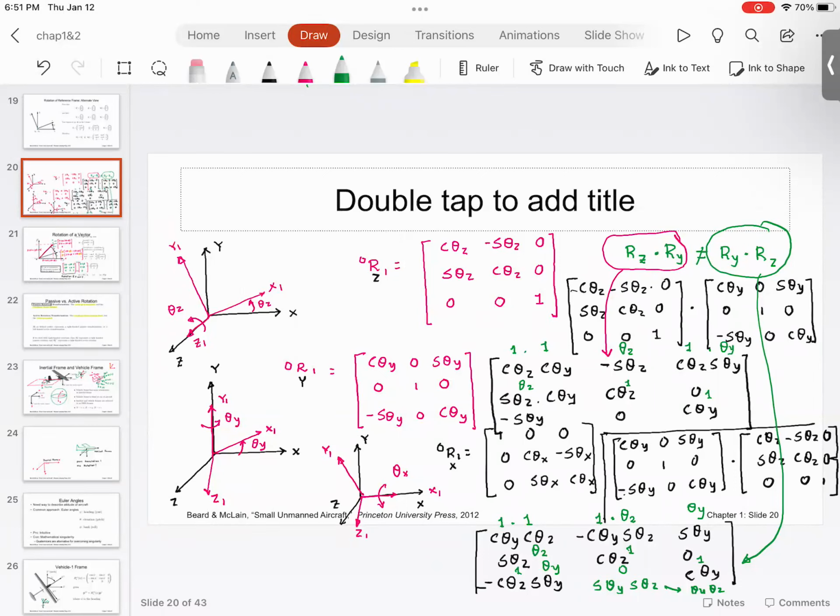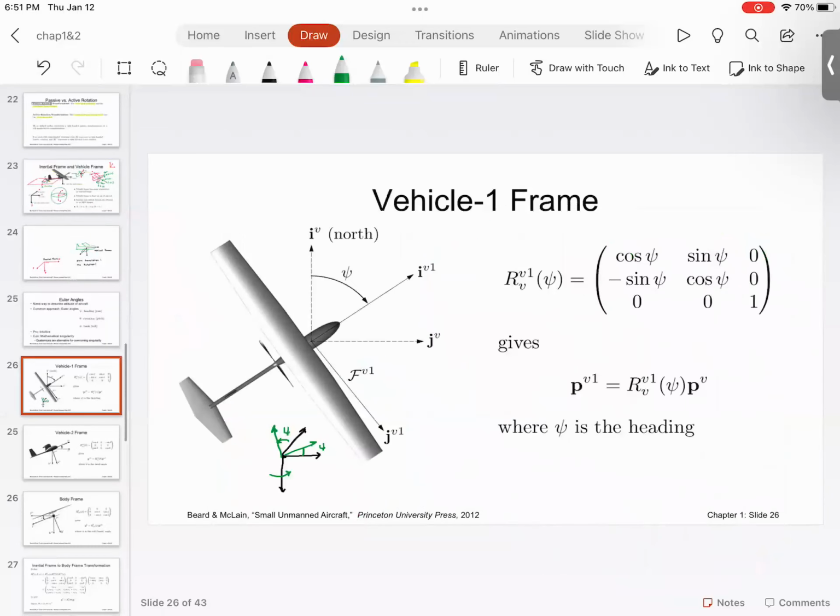There is a subtle part which I want to talk about regarding the vehicle-one frame. If you look at it, this is the exact same rotation matrix that you use when the rotation is about z.